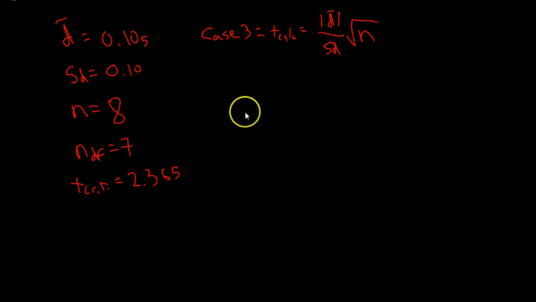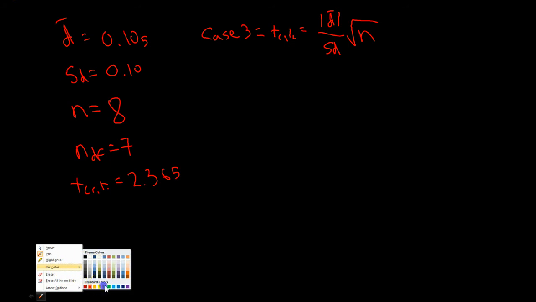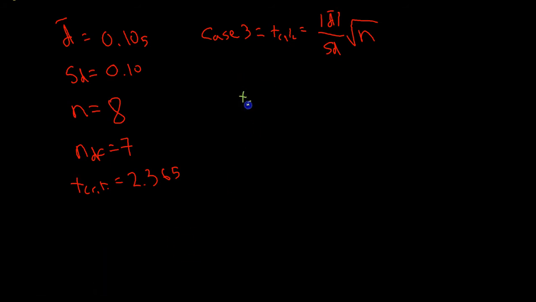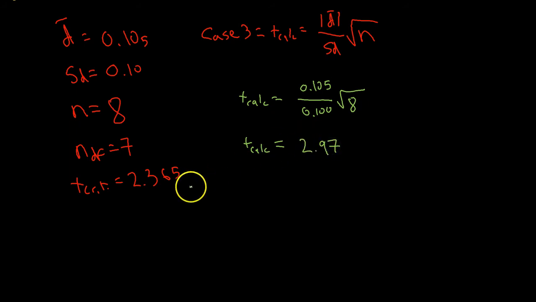Okay, so we can just plug these values in. I'm trying to make it a little clearer by changing the pen color. In this case, our t-calc equals 0.105 divided by 0.100 times the square root of 8. Plug these numbers in, you get your t-calc to equal 2.97. Alright, in this case, again, now our t-calc is larger than our t-crit.